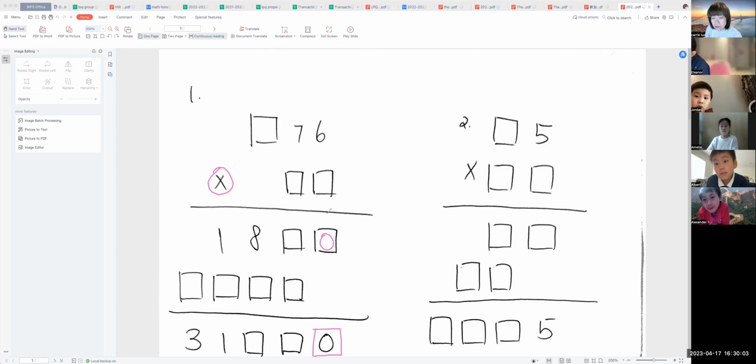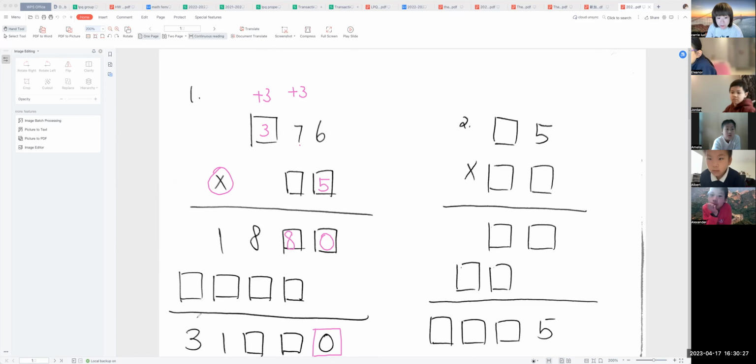In order to have 0, what times 6 will have 0? Must be 5. So 5 times 6 equals 30, so we carry over 3. 5 times 7 equals 35 plus 3 equals 38, so carry over 3. So what number times 5 plus 3 equals 18? Everybody knows that is 3: 3 times 5 equals 15, plus 3 equals 18.